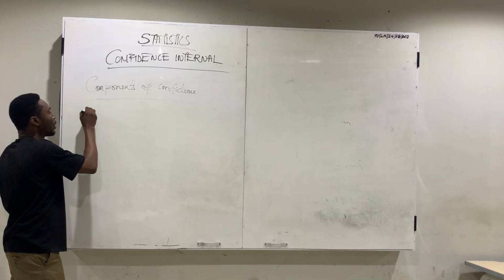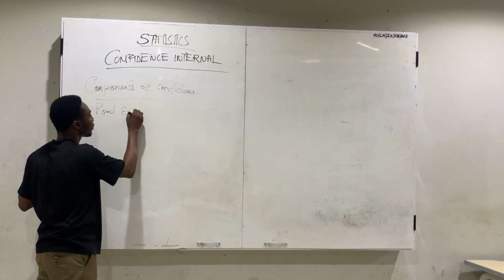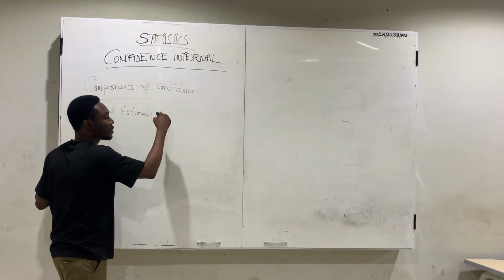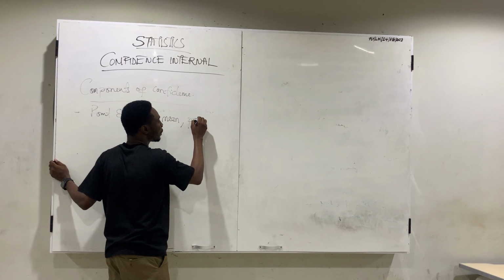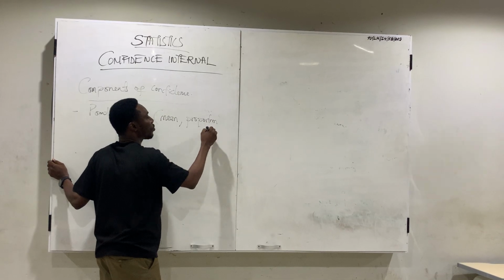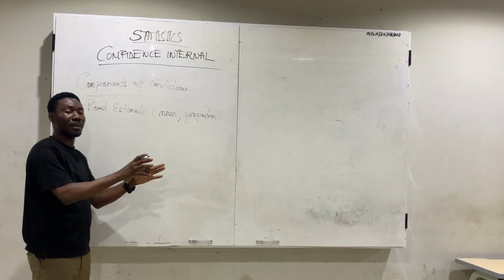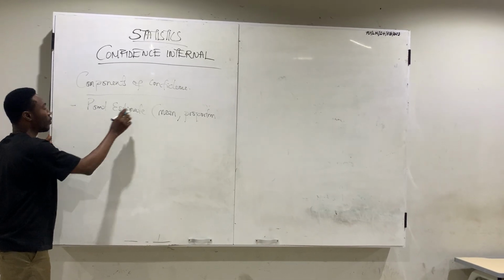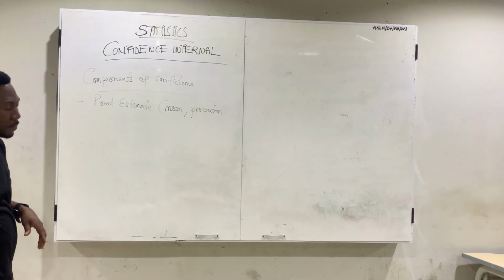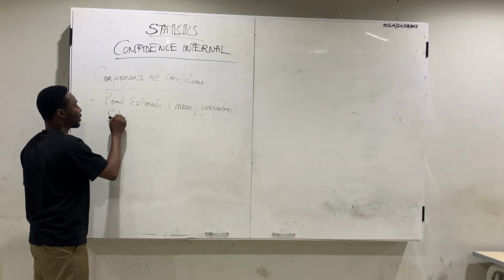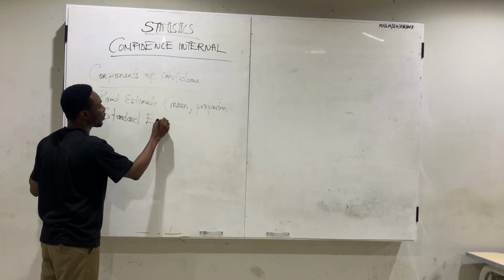Now with the components of confidence interval, we have what we call the point estimate. The point estimate can be the mean. We can also have proportion, because sometimes you are working with proportion, sometimes you are working with mean, from the sample. Now we have the standard error.